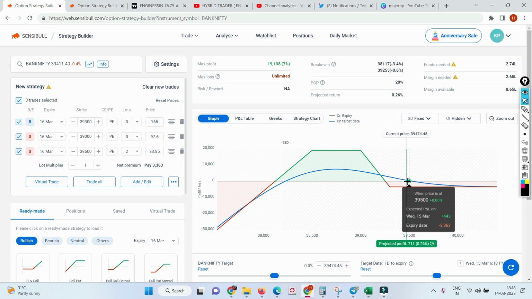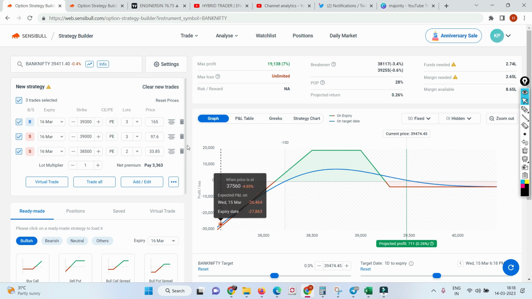By taking just a 3,363 loss, you have increased your profit from 6,000 to almost 20,000, 3x. Now it all depends on you whether you want to go for 1 is to 1 is to 1, or 2 is to 2 is to 1, or 3 is to 3 is to 2. Now you play around with the strikes and premiums.